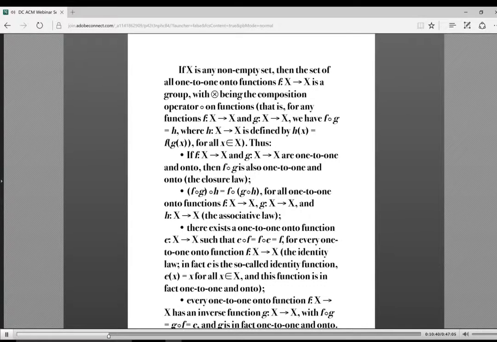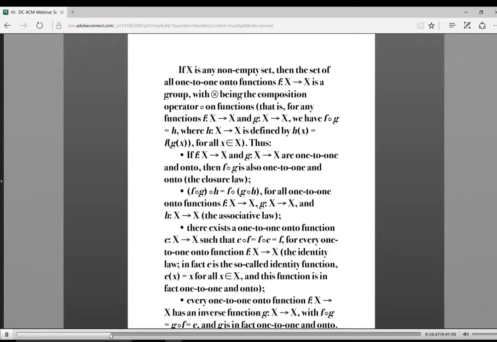That's the closure law. 2, f circle g and that much circle h is equal to f circle the quantity g circle h for all one-to-one onto functions f, g, and h from X to X.